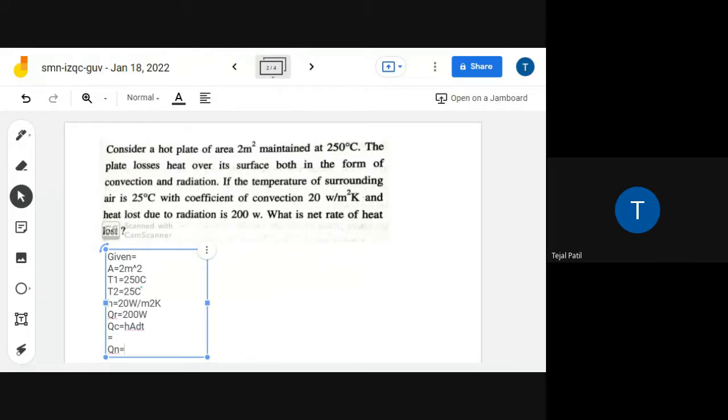How much is the QC? Yes, 9,000 watt. And net is 9,200 watt. Right? Let's move to the next one.